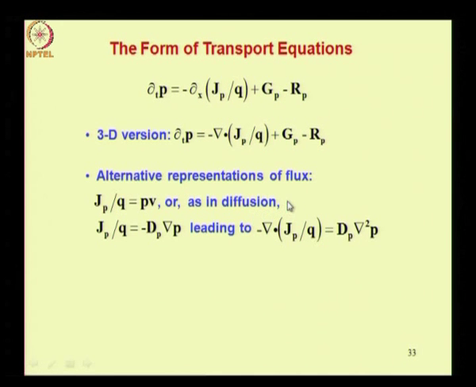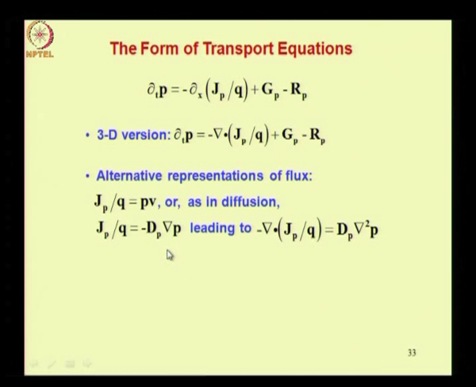Now this is where we consider the representations of flux Jp. So one way you can write Jp by q is as the hole concentration into velocity, or the quantity into the velocity of the quantity, or as in diffusion. For example, if the whole current is because of diffusion, that is, it is because of the gradient of the quantity, then you write it as minus the gradient of the quantity, that is holes, into a coefficient or constant, minus Dp in this case.